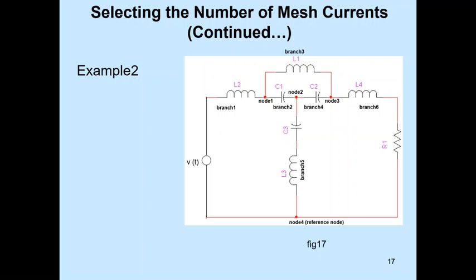Node 4. So how many nodes here? 4 nodes and 6 branches. So the number of branches is 6 and the number of nodes is 4. And how many meshes? 6 minus 4 plus 1. That is 3, so 3 mesh equations are possible and we can take 3 loop equations.